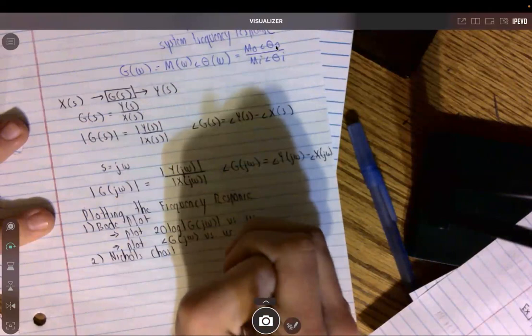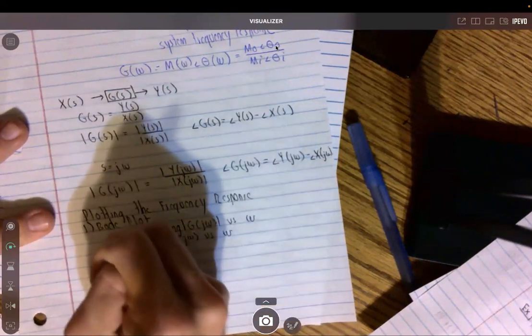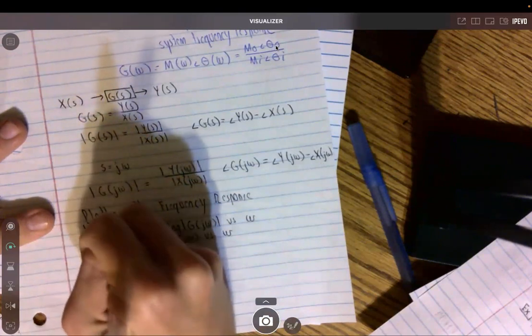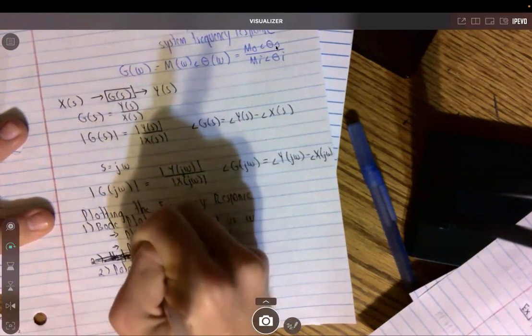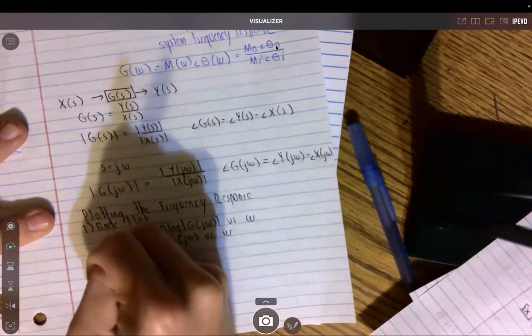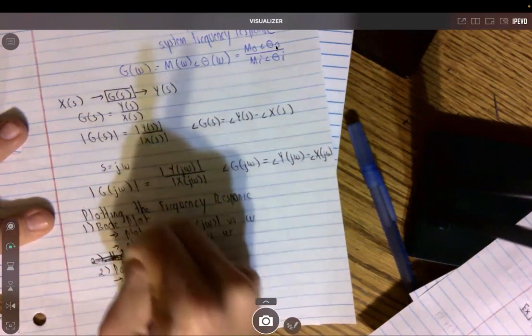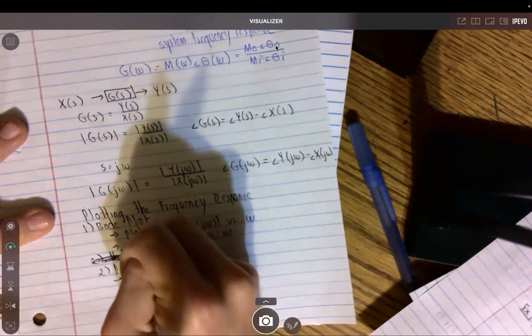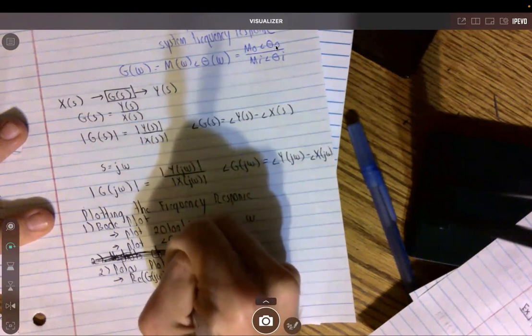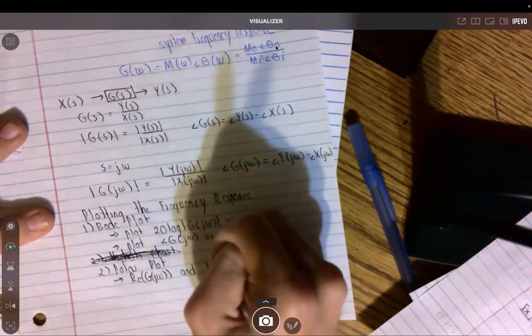And then, oh wait, sorry, it's the polar plot, which is the big one. Ignore the Nichols chart, that one never pops up. You don't need to know it. For the polar plot, it's going to be the real part of G of J omega and the imaginary part of G of J omega.